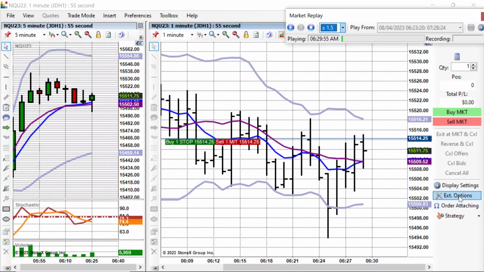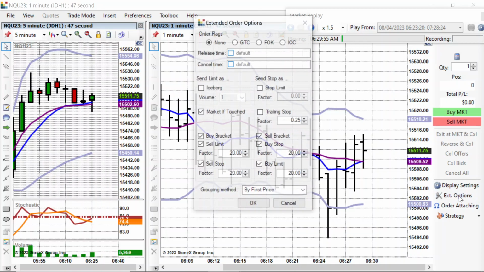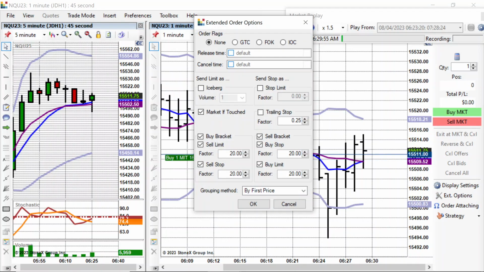But first, let me show you a little bit how I have the chart set up. I'll go into my extended options menu, and what this does is allow me to set a bracket trade. Bracket trades are when you place an entry into the market. You know, you're long or short. You enter on a buy or sell order.